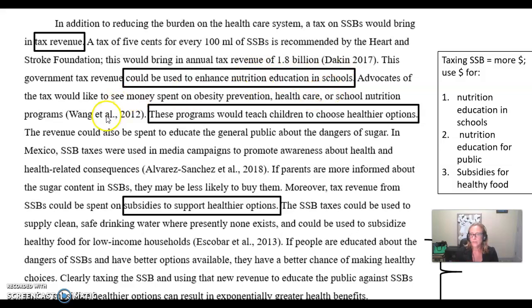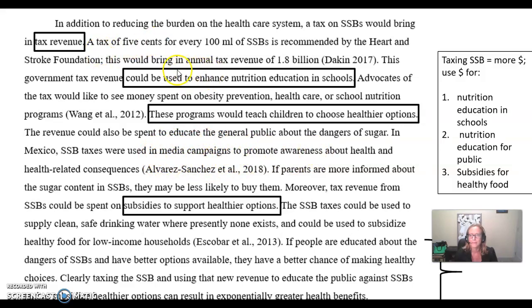And then she gives a quote from an expert here, and then creates this chain of reasoning to say, well, these programs would teach children to choose healthier options. So that's why this is important. And then a further chain of reasoning is to say, then, parents will become more informed, and that will be good. So this main idea here, these taxes can be used for media campaigns to promote awareness.